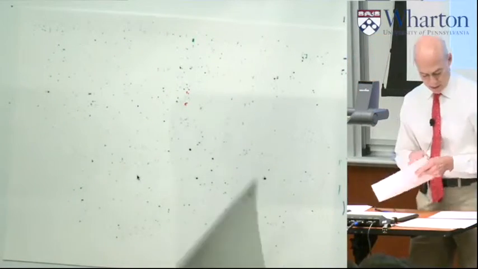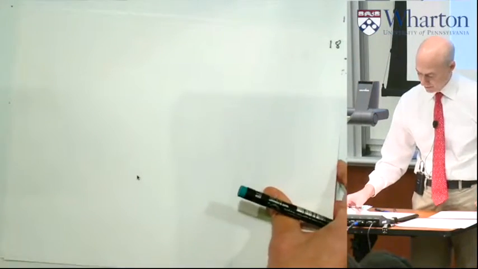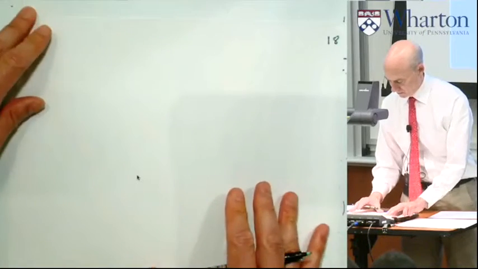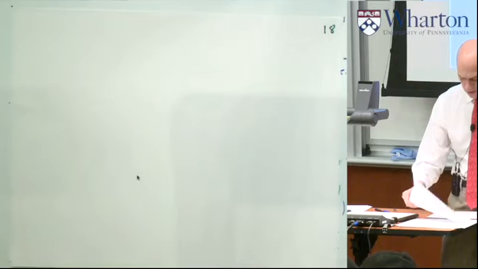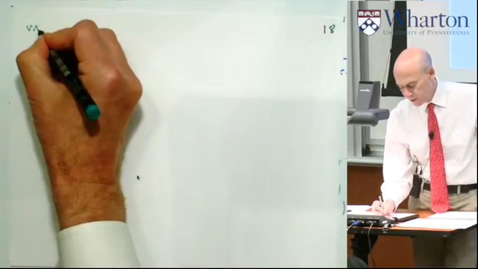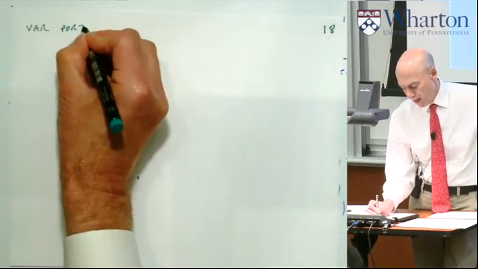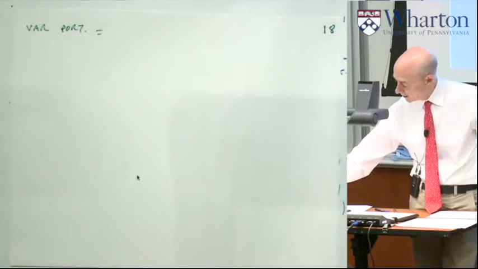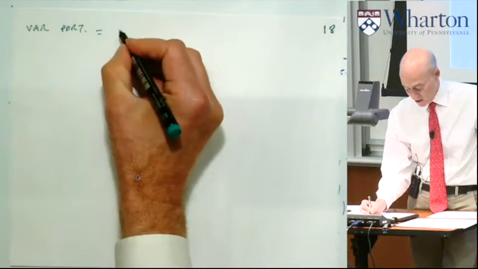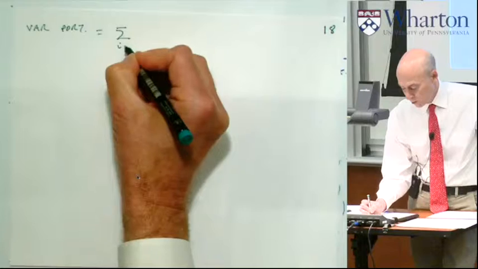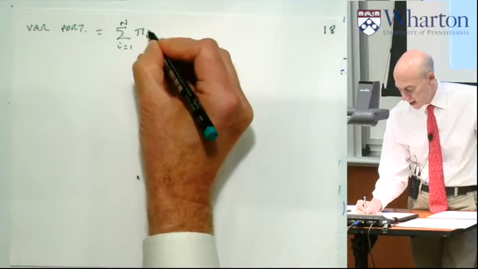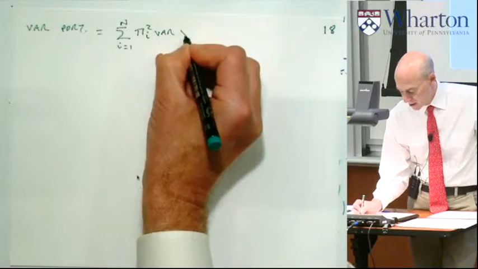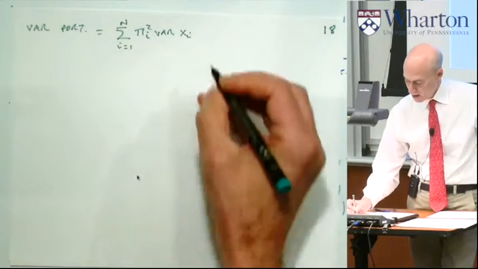So, let's do one final step. The variance of our portfolio is going to be all the diagonal terms. That's the variance term. So it's the sum from i equals 1 to n of pi i squared times the variance of xi.